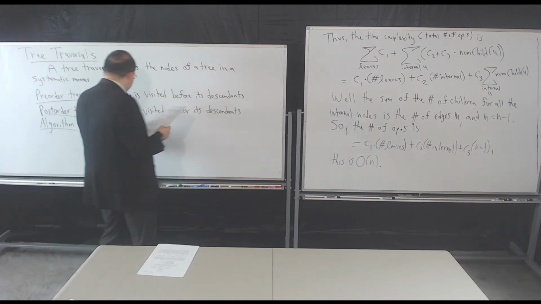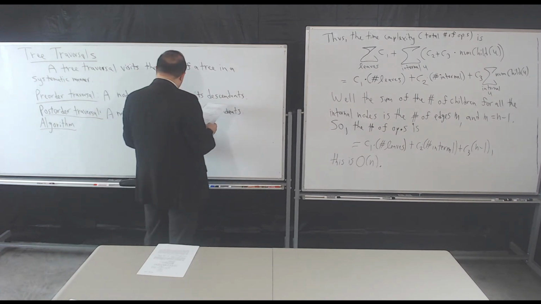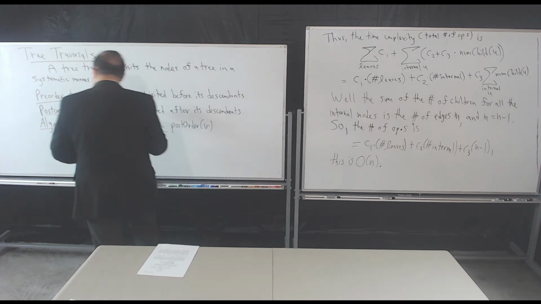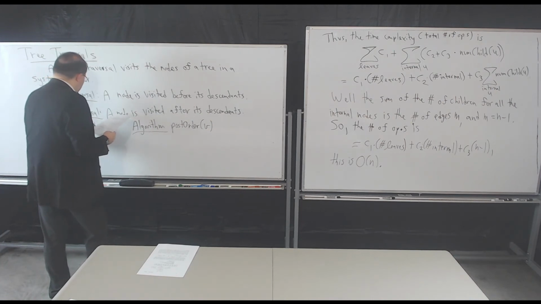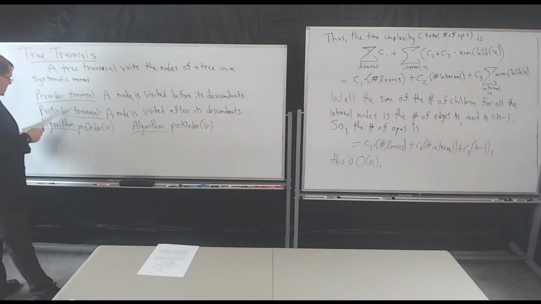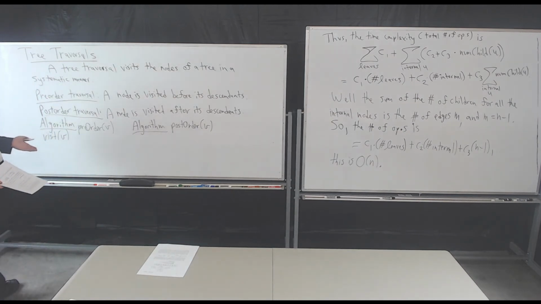I'll write both of them. Each of these is going to be given some node. In the pre-order, it's going to visit V. I don't know what visit exactly does, but it's just some operation.